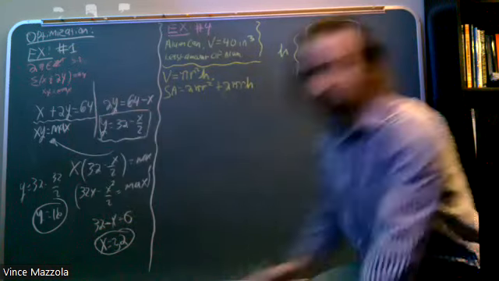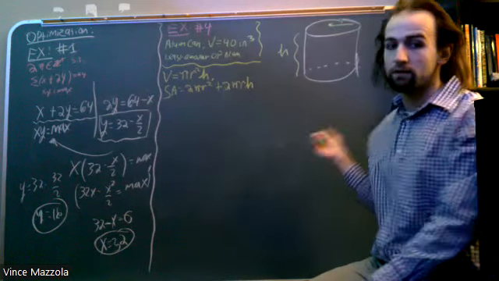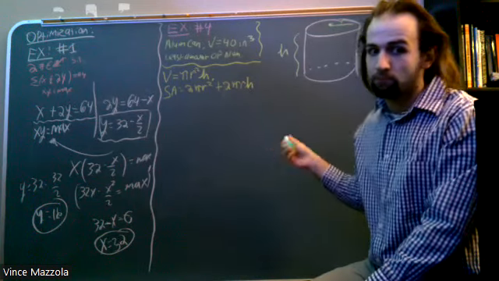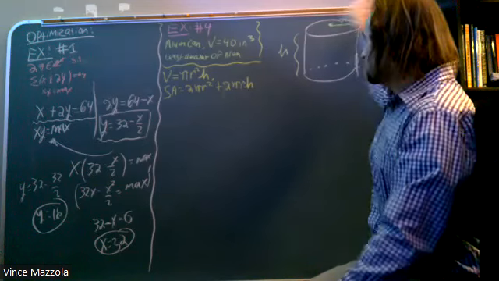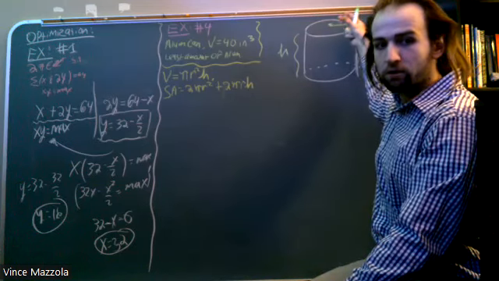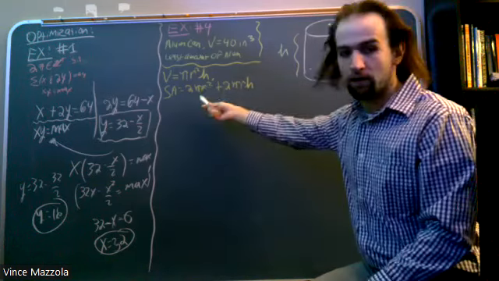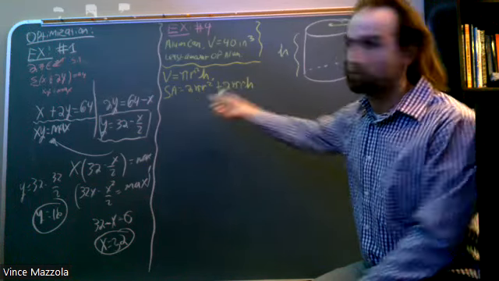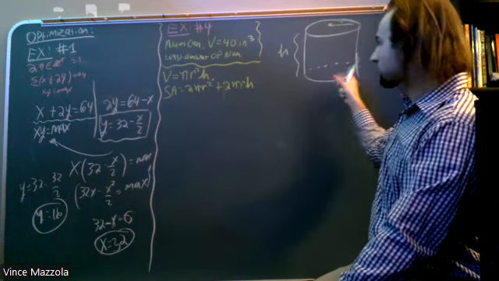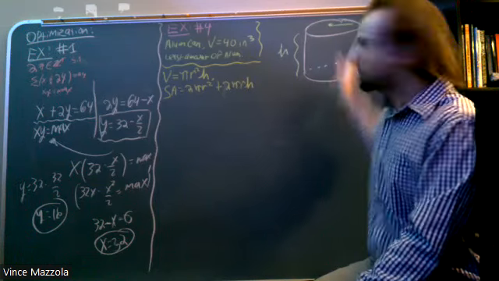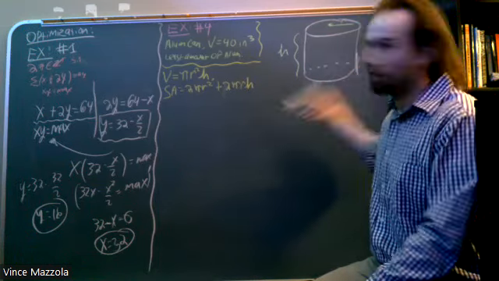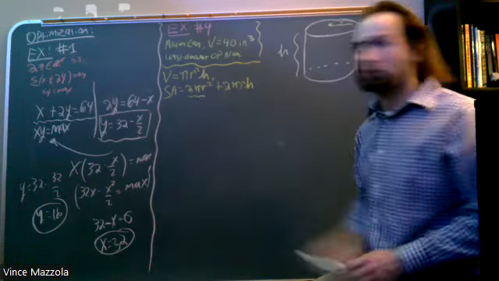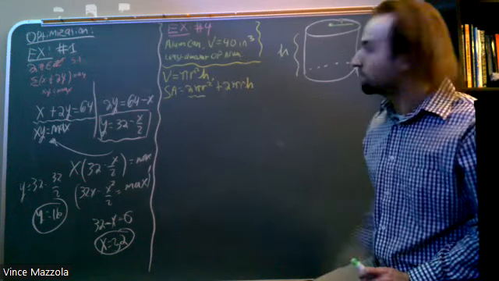Same thing with the surface area too. So the surface area formula, if you don't know it off the top of your head, just think about it intuitively. The surface area at the top is just pi r squared, which is where the 2 pi r squared part comes from. And then the pi r squared on the bottom, so adding those two together, pi r squared and pi r squared is 2 pi r squared. So that's the surface area at the top and bottom.